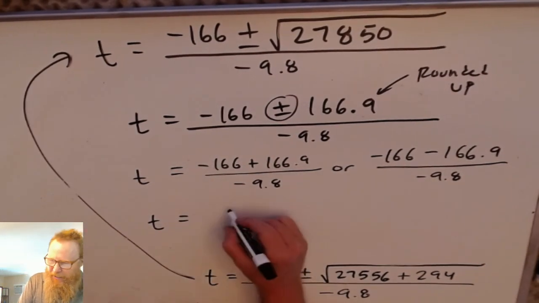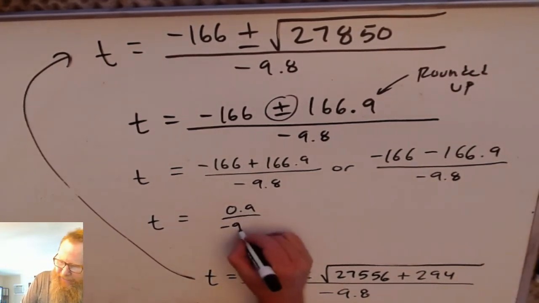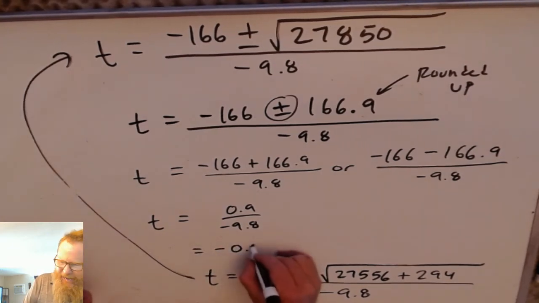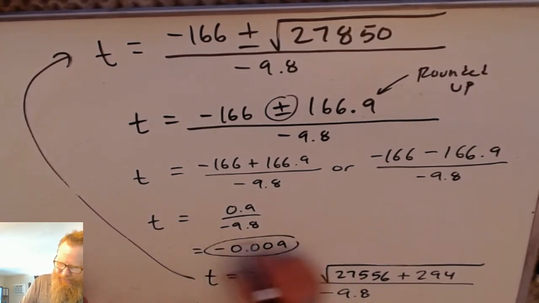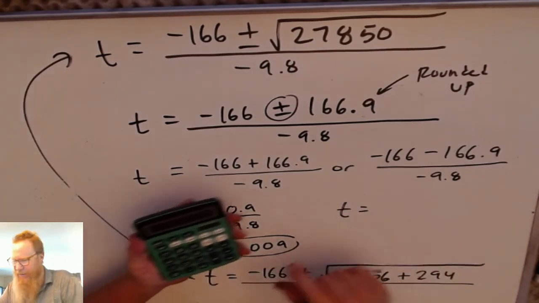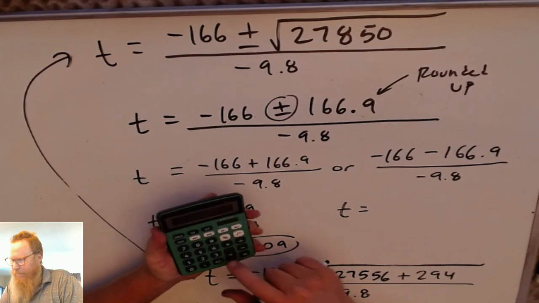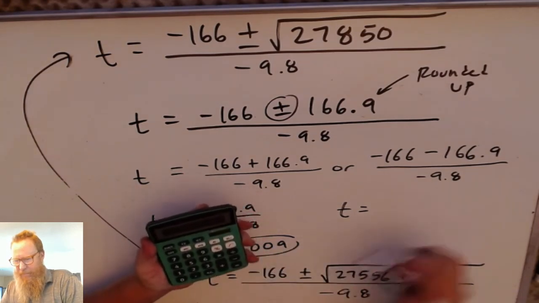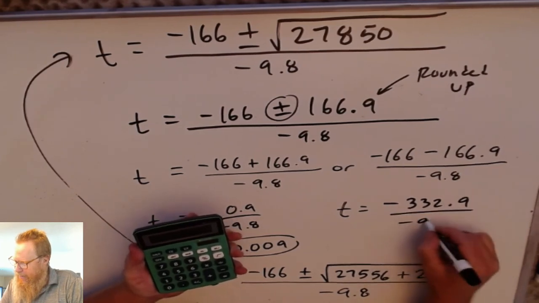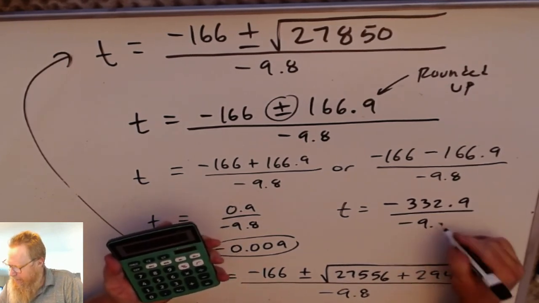So this one is 0.9 divided by negative 9.8. This is the negative one. This one is the positive one. Negative 332.9 divided by negative 9.8.